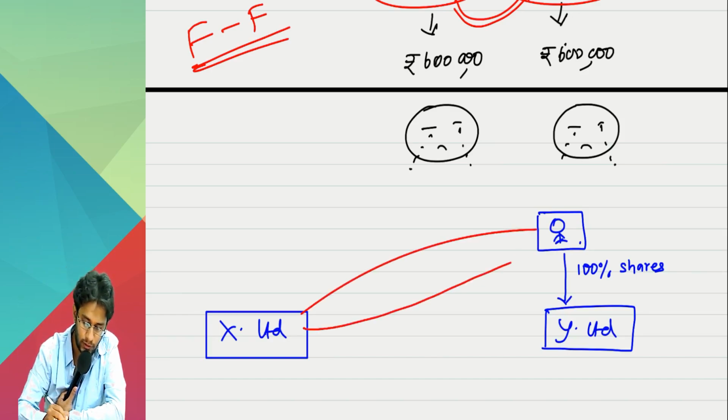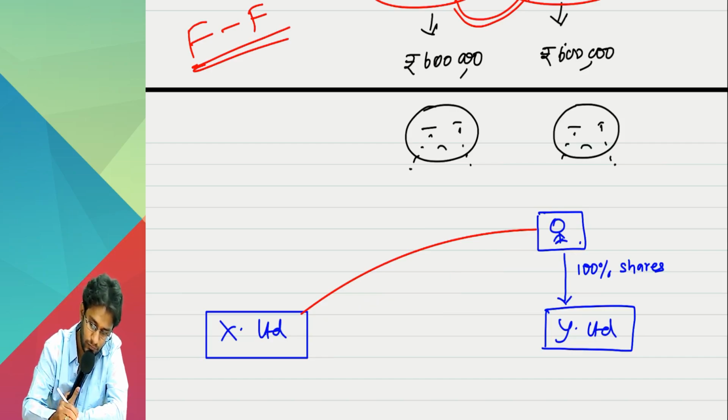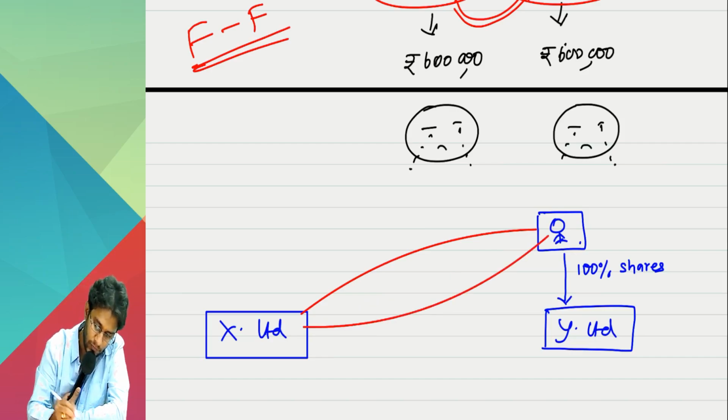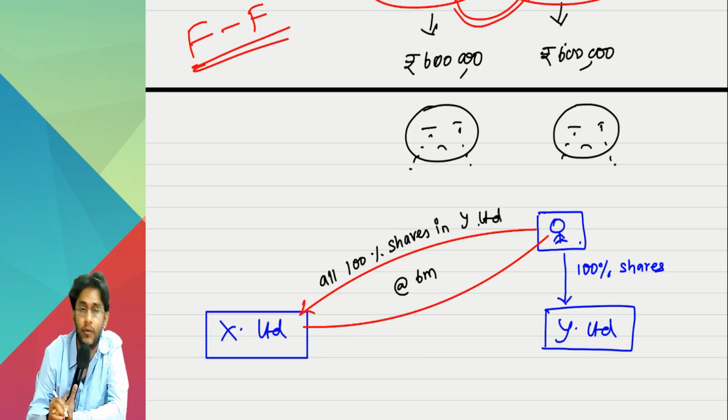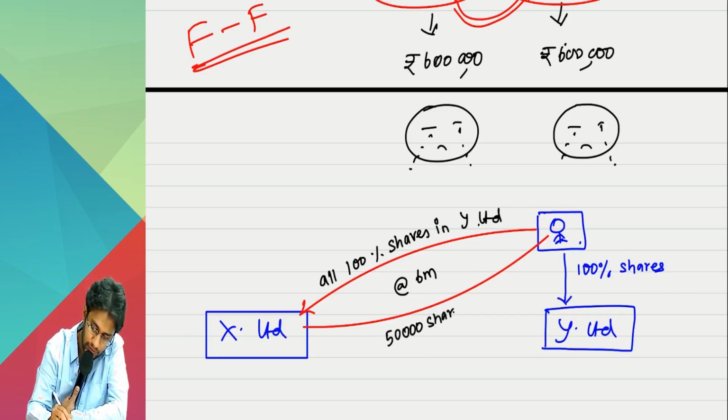These fellows entered into a contract. The deal is, at 6 months' time, he will give us all 100% shares in Y Limited, and we will give him 50,000 shares issued in X Limited.